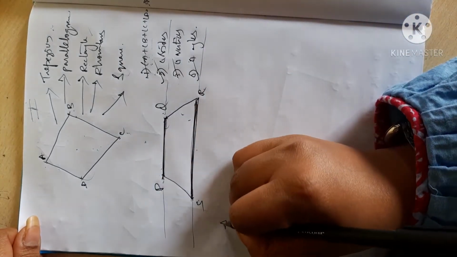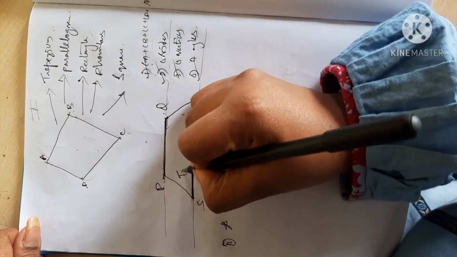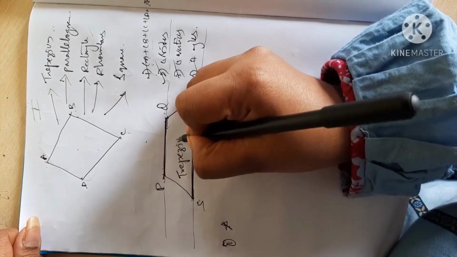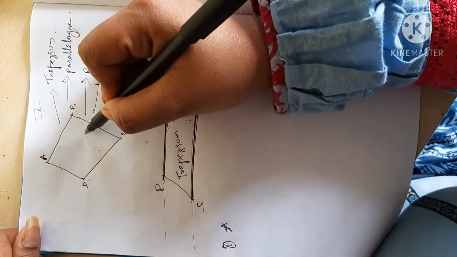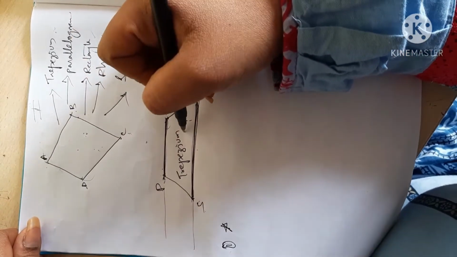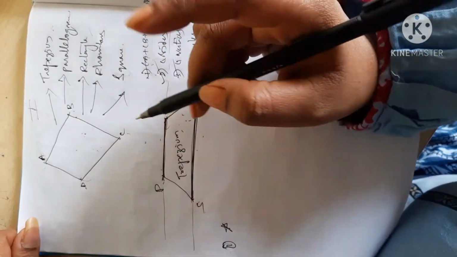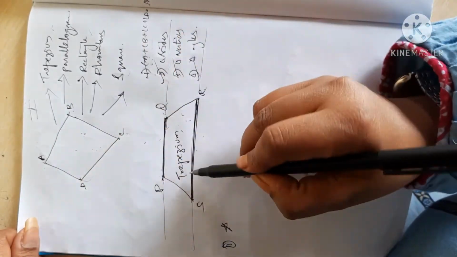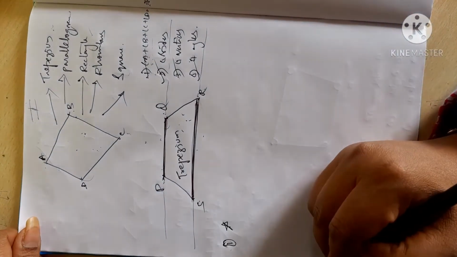So the main point in trapezium is that a trapezium is a quadrilateral. When one pair of opposite sides are parallel, then the quadrilateral becomes a trapezium.